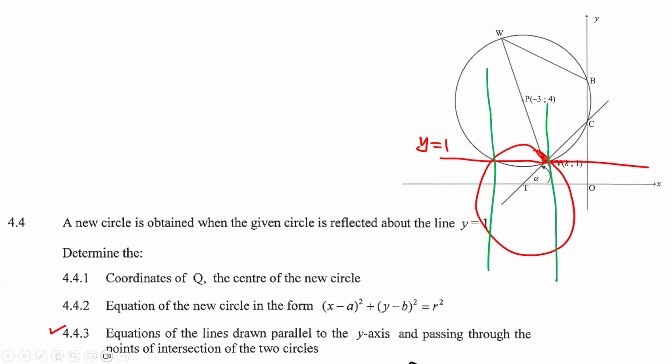So now, the question is, these equations, these are vertical lines, and each one is parallel to the y-axis. So there must be x equal to something, x equal to something. What are they?